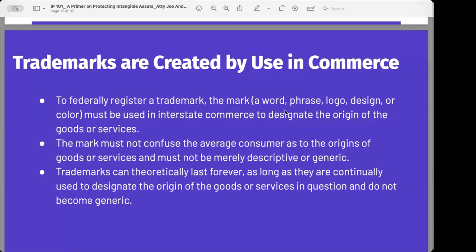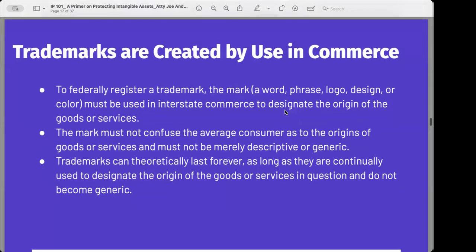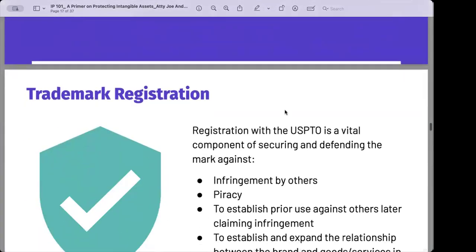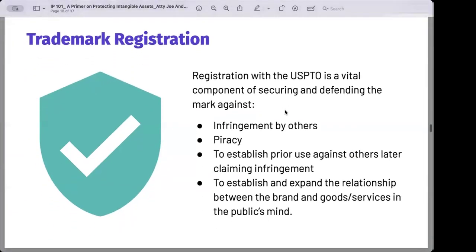The thing about trademarks that makes them different from copyrights and patents is that they can last forever, right? It can be your brand and it can last forever because as long as you are continuing to associate it with the goods or services involved, then you can continue to protect it. So registration of trademarks is vital, probably more important in the trademark world than in any other field.